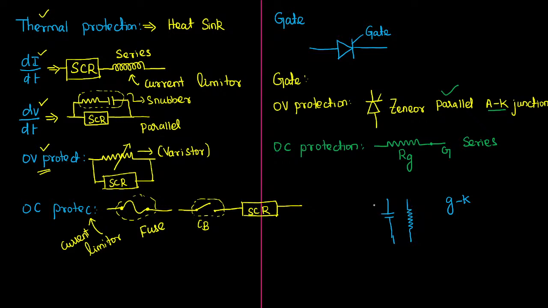Okay sir, what is the purpose of this gate to cathode capacitor and resistor? It is for the purpose of filtering action. It filters unwanted frequencies; unwanted frequency basically means noise. So it is used to protect the gate against the noise. So it's a kind of filter circuit, doing filter action here.